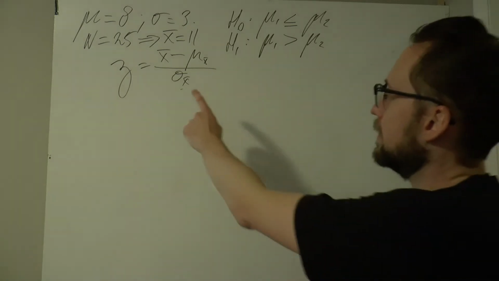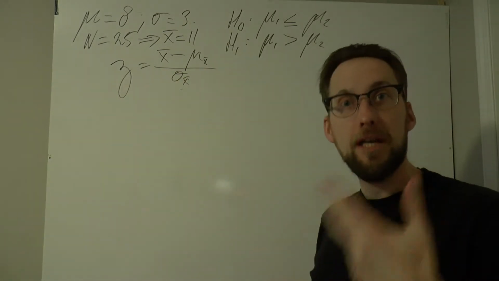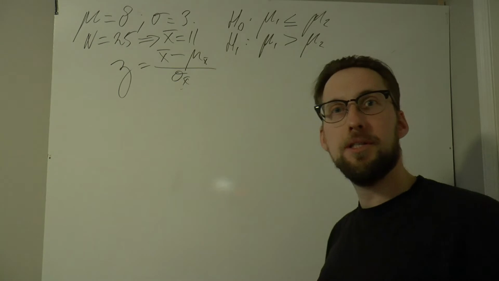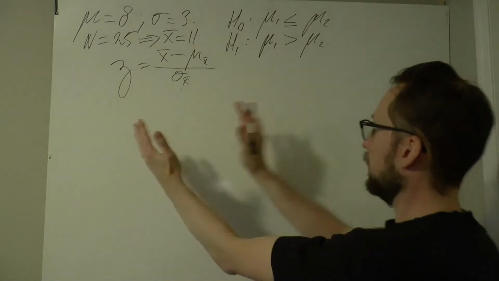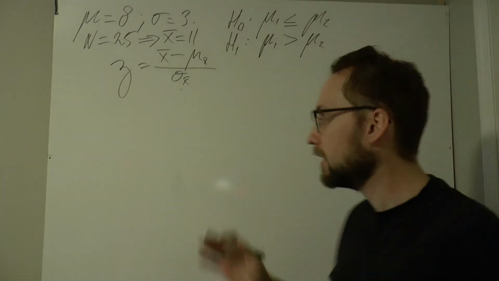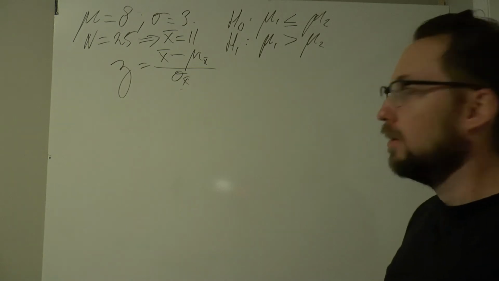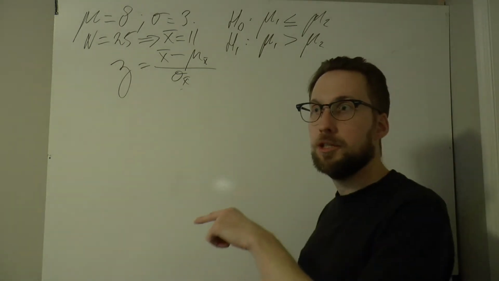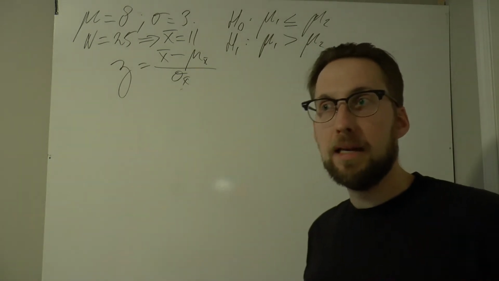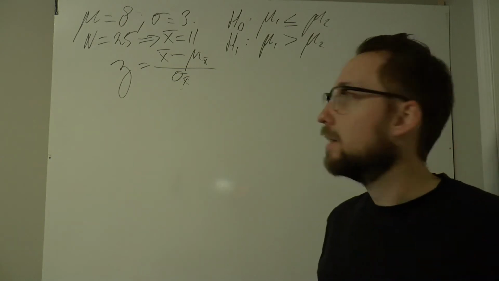Okay, so I need this thing. The standard deviation of the sampling distribution of the mean, because that's where I'm placing my sample mean. I want to see where it is. Okay, well, the standard deviation of the sampling distribution of the mean has a special name, the standard error of the mean.